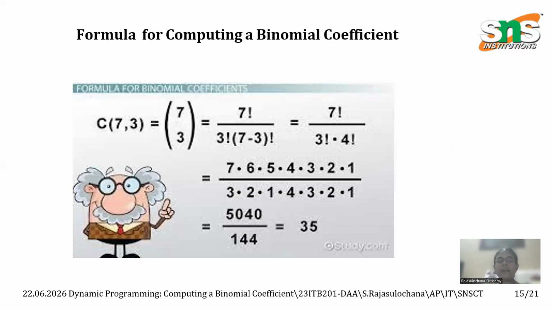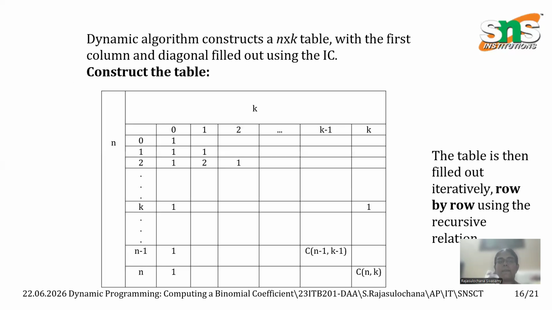If you want to calculate the binomial coefficient of 7 comma 3, the formula is 7 factorial divided by 3 factorial into 7 minus 3 factorial. That is, for C of a comma b, the formula is a factorial divided by b factorial into a minus b factorial. That gives the binomial coefficient of these two numbers.